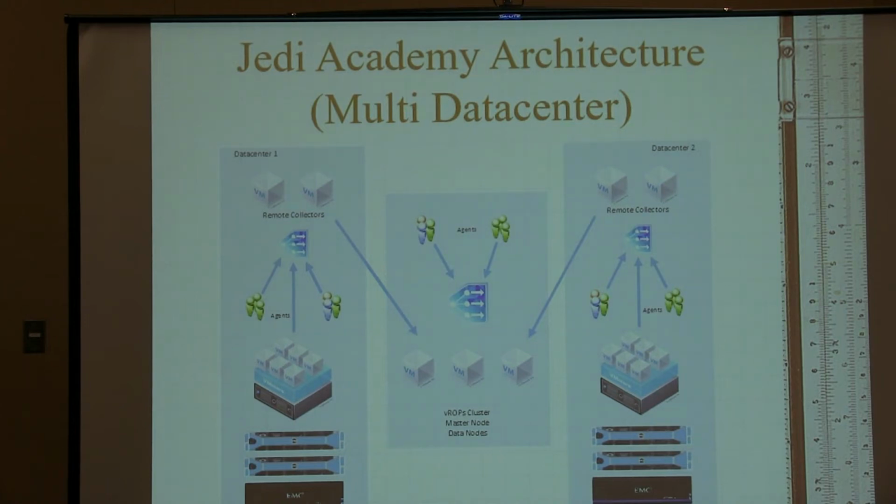So the remote collectors are going to collect that information and feed it back to the main data nodes. What's very interesting is that the agents themselves are using a standard port 443. So it's using the same mechanism that we're using to log into the interface itself. The information is fed back to the data nodes, and then we're typically logging into those data nodes to view that information.